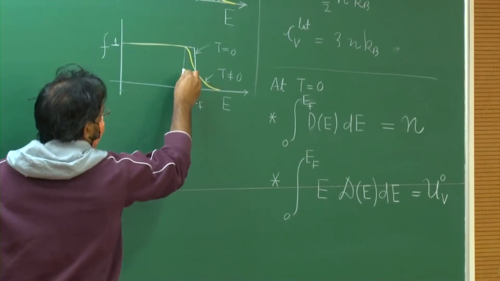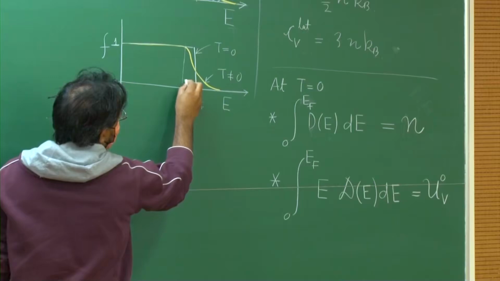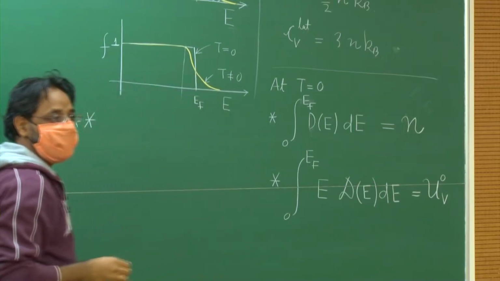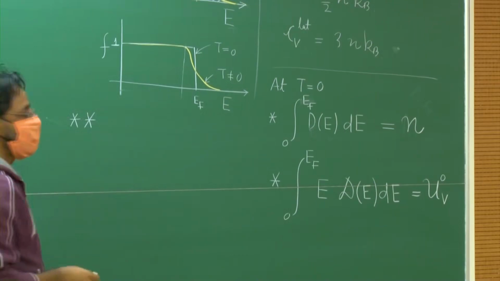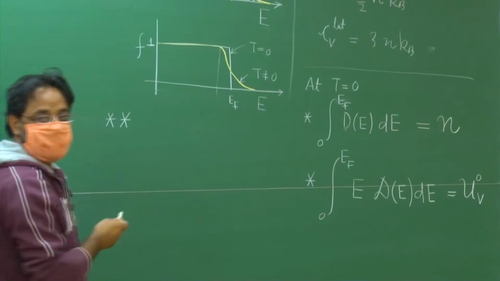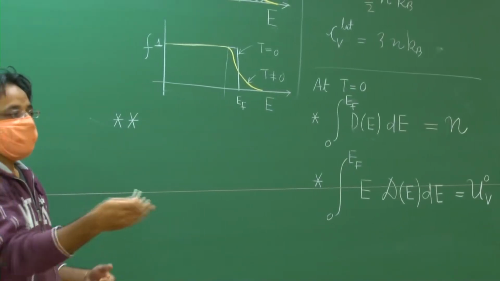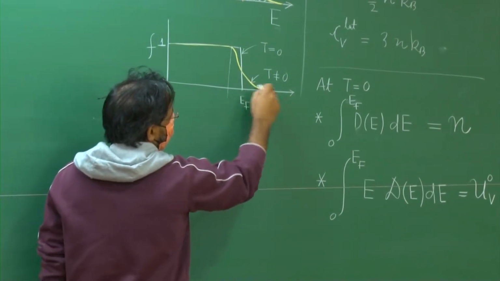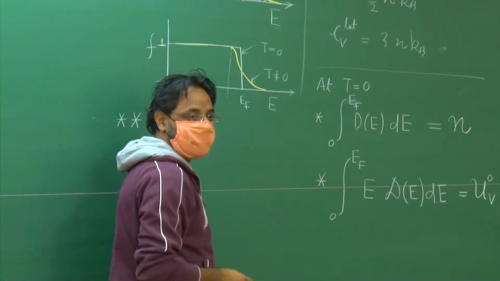The width of this region is kBT. Inside this line the function is still intact, because the electrons occupying the deeper states do not have enough energy to come out, but these electrons can, and they explore these states that were previously empty.